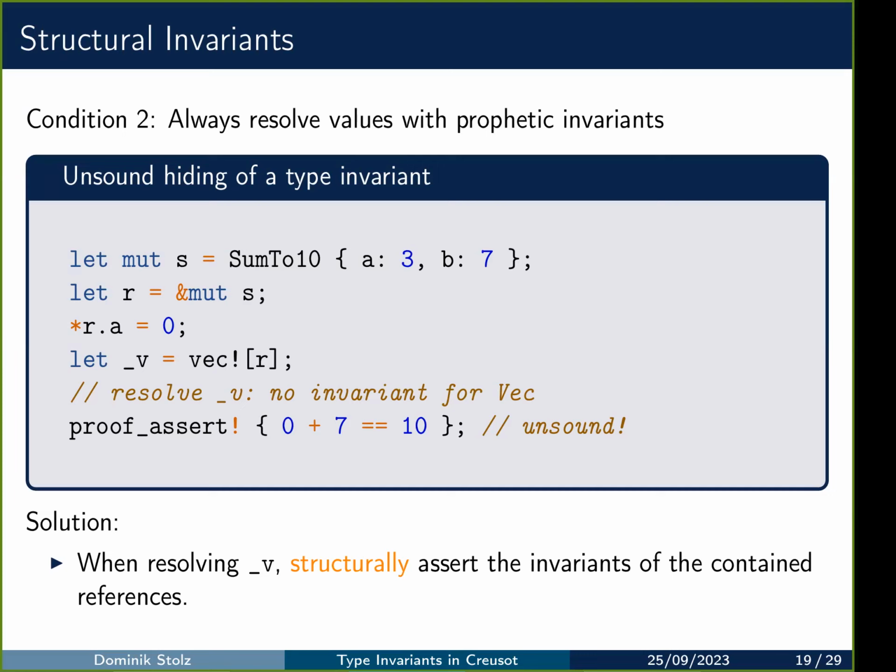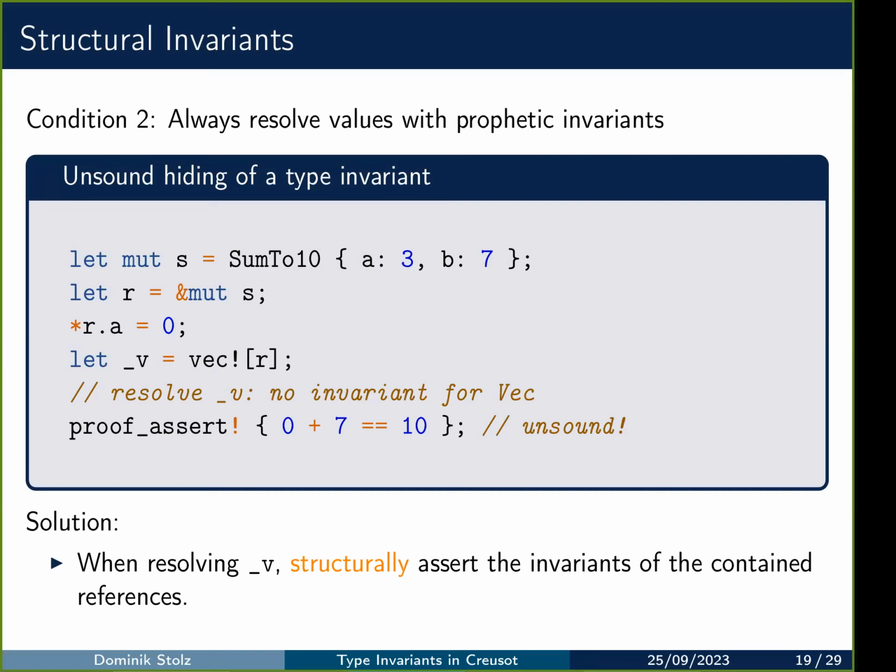However, we would still learn the final value of our reference, and this would allow us to afterwards prove that 0 plus 7 is 10 just by using the assumption we made when we borrowed S. And so the solution here is that the invariant of a type must always structurally include the invariants of its constituents. So we have to force the invariant of Vec to also consider the invariants of the elements contained in the vector.